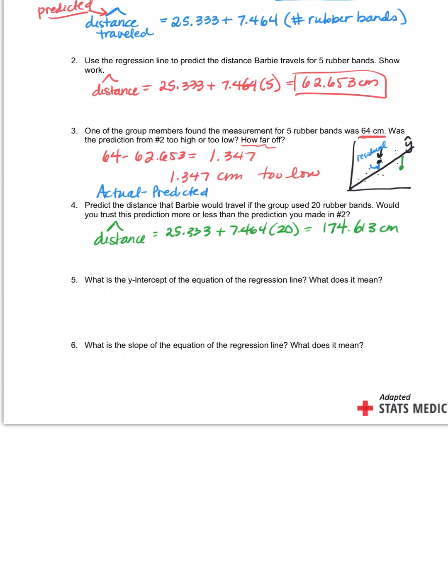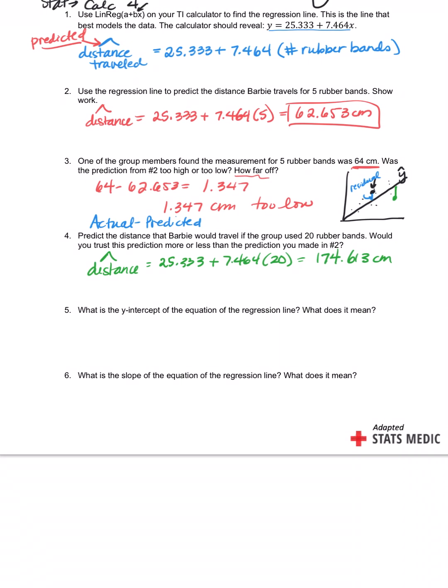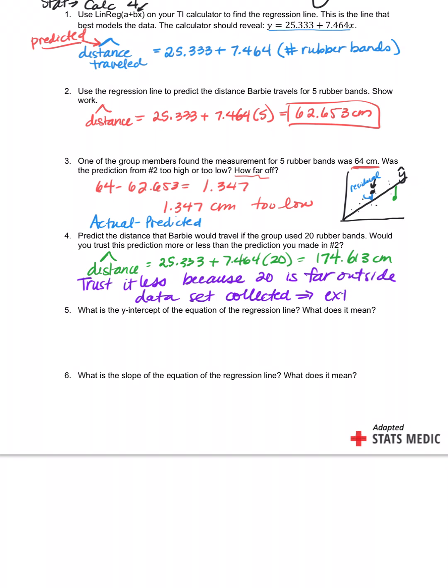So let's summarize that, okay? We would trust it less because 20 is far outside the data set collected. And this is what we call extrapolation.